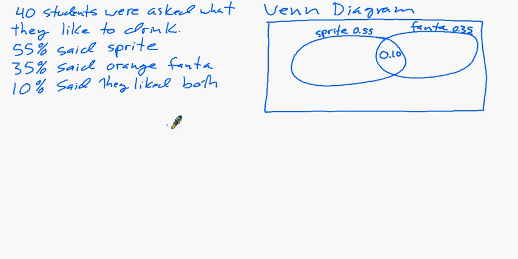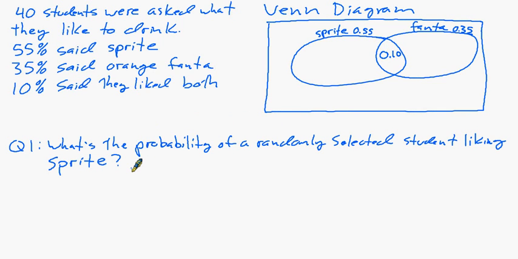Now we have some questions we can start answering, such as, what's the probability of a randomly selected student liking Sprite? Well, that's actually a fairly straightforward question, right? 0.55, or a 55% chance that a randomly selected student will like Sprite.